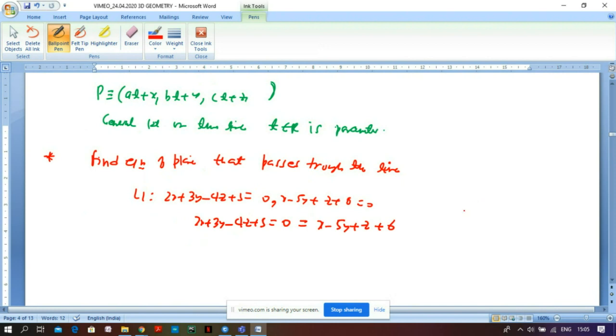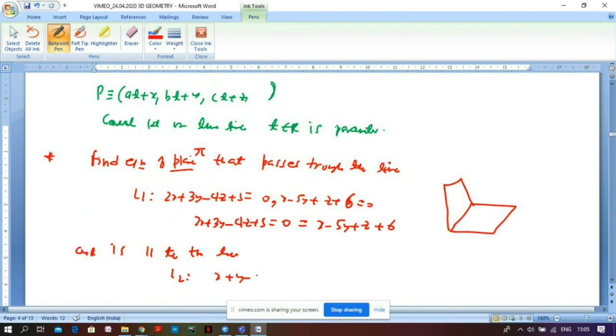That is, L1 has been expressed as the intersection of two planes, in the general form that I spoke about earlier. Find a plane, call it pi, that passes through the line L1 and is parallel to the line, say, L2, whose equation is again given as x plus y minus z plus 8 equal to 0, x minus y plus z plus 2 equal to 0.